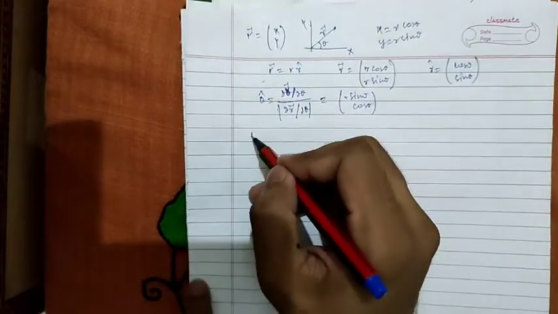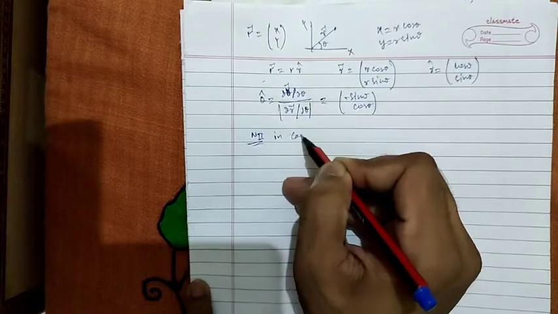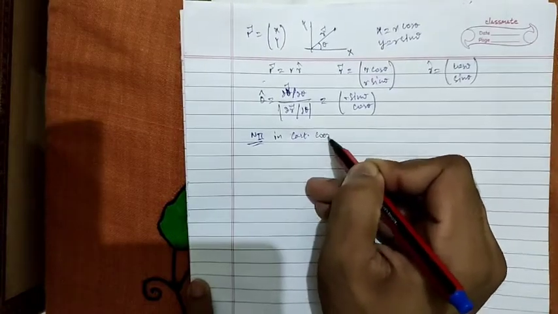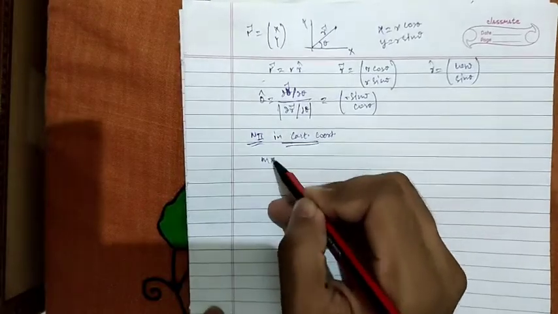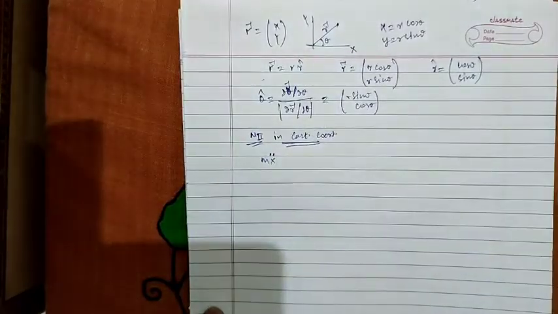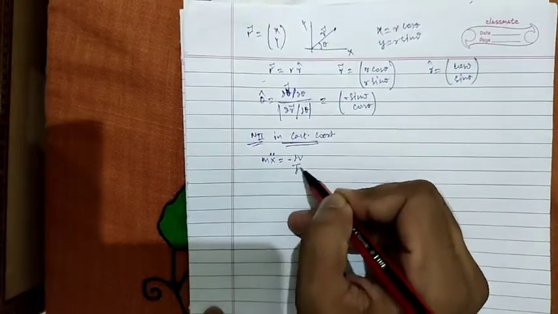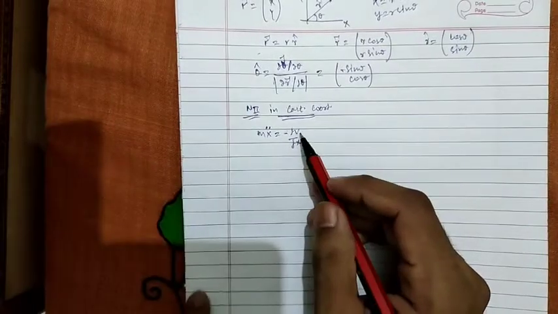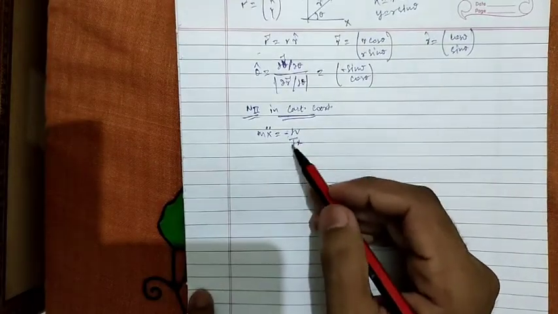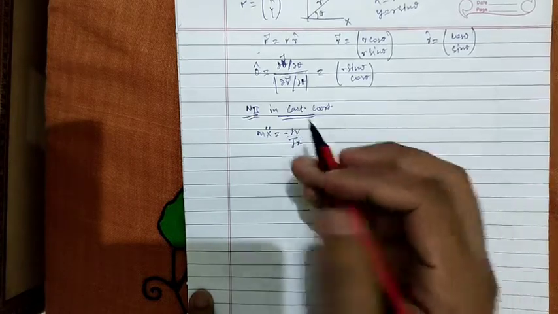Now let's say Newton's second law in Cartesian coordinates. For the x axis, m x double dot equals minus dV over dx. Don't get confused, here V is not velocity; I'm using the new definition of the scalar potential.